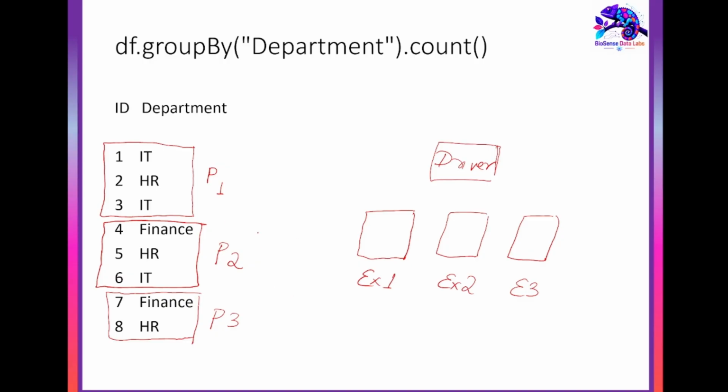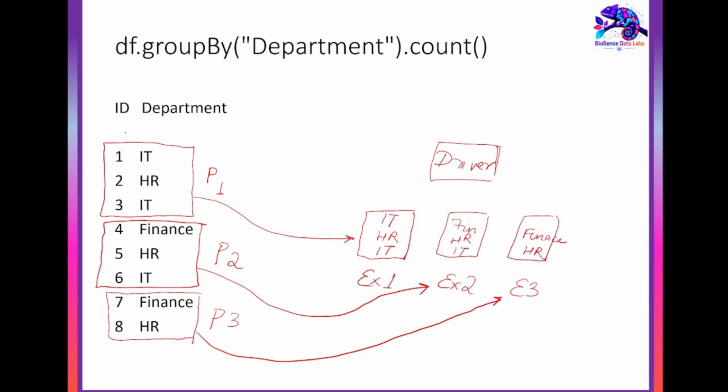As we know, each partition will be processed by each executor. Let's say P1 went to executor 1, P2 went to executor 2, and P3 went to executor 3. So I can write here.